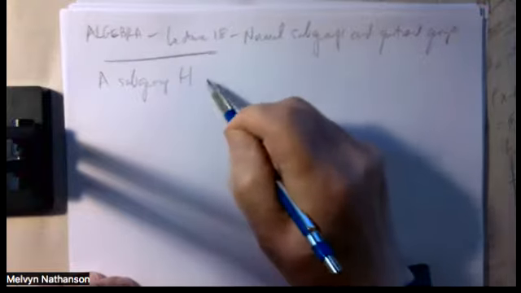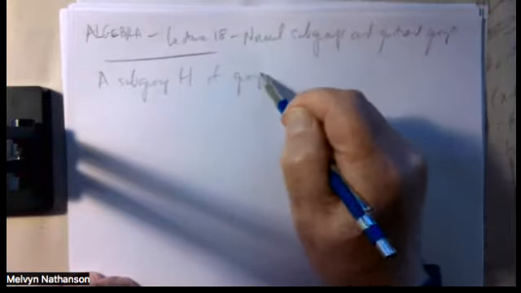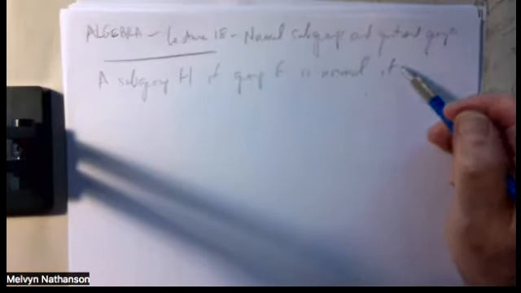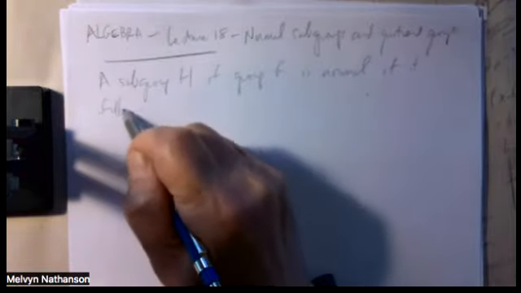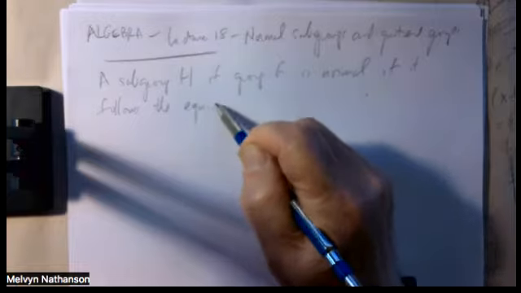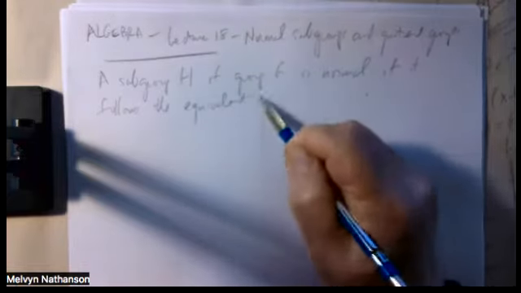A subgroup H of a group G is normal if it satisfies any one of the following equivalent conditions. So any one of these implies all the others.